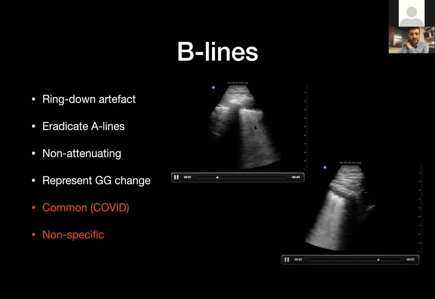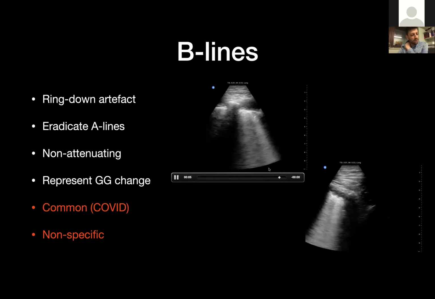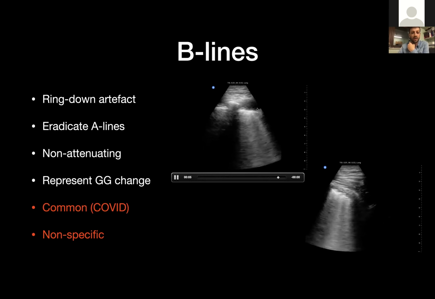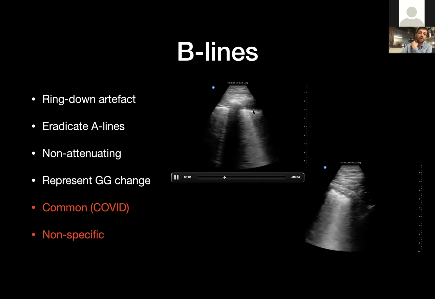The reason it's non-attenuating is because it's not the original ultrasound beam. As the original ultrasound beam hits this tetrahedral formation of air and liquid at the pleural line, the beam is reverberating within that column of fluid and creating its own beam away from the pleural line.